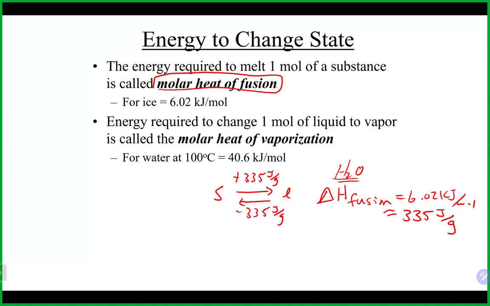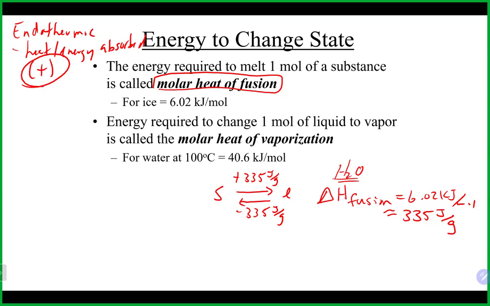As we talked about in that energy chapter, if something is endothermic, heat and energy is absorbed, and usually the energy value is a positive number. So a positive number for energy implies an endothermic process.